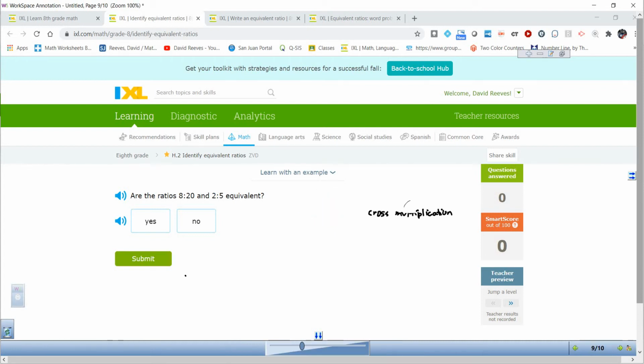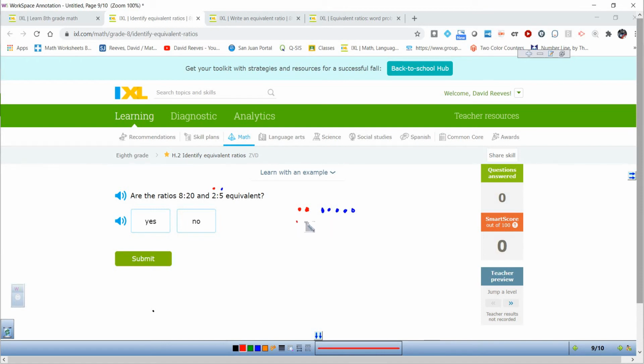Another way we can do this, and this one's kind of fun, though not a real practical way, is to start with the smaller one. If I have 2, that represents that one right there. I'm going to do that one in red, and this one in blue. 1, 2, 3, 4, 5. So that is my ratio of 2 to 5.